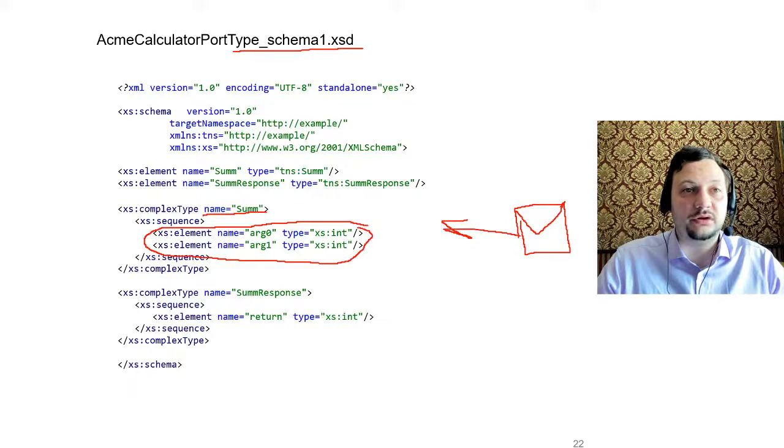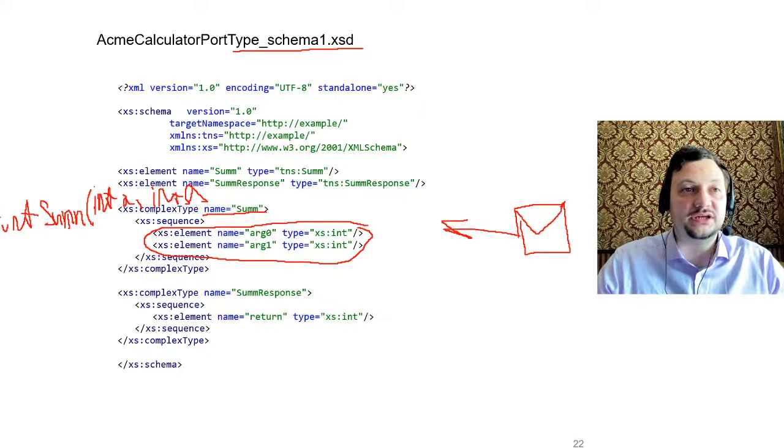We remember from the description of the method that it is integer sum, int a, int b.